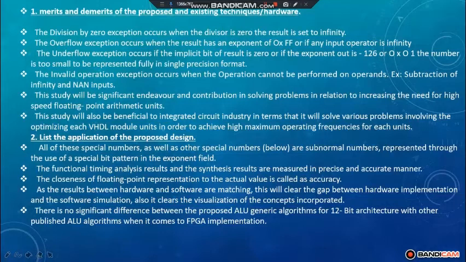These are the applications that contain all of the special numbers as well as other special numbers, such as subnormal numbers, represented through the use of special bit patterns in the exponent field.